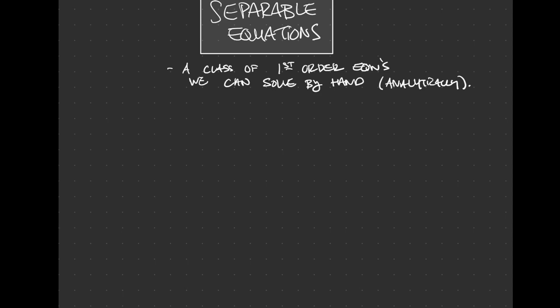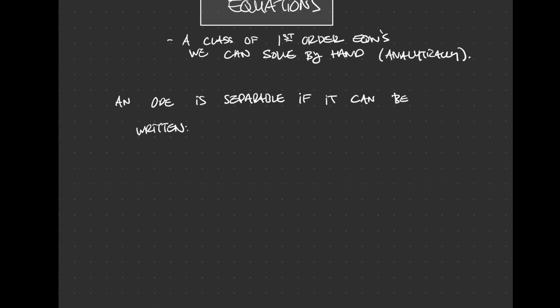But the way that you know an ODE is separable is if it can be written in a certain way. So if you can have u prime of t equals g of t times some h of u.